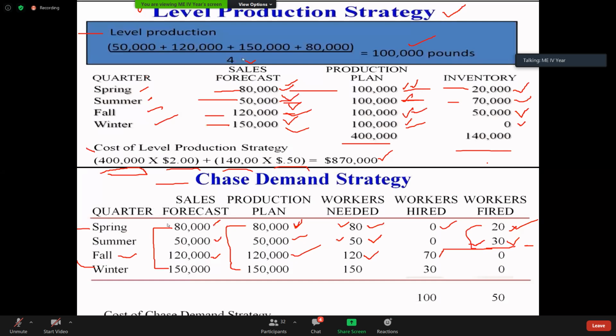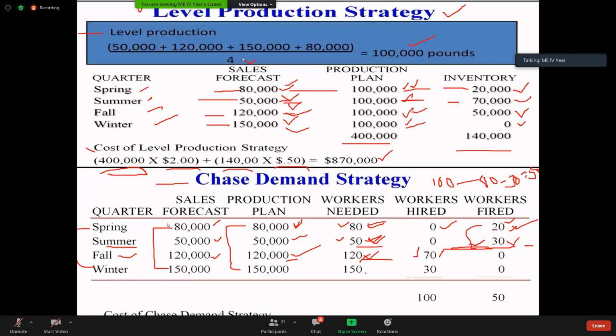In the fall quarter here, you have only 50. Okay, but the demand suddenly increased to 1,20,000 products. What you have to do immediately? You have to call outside people, 70 members, because why 70? You need to fulfill this 120. You have already here 50 plus 70, 120.